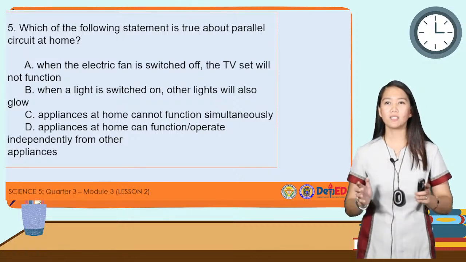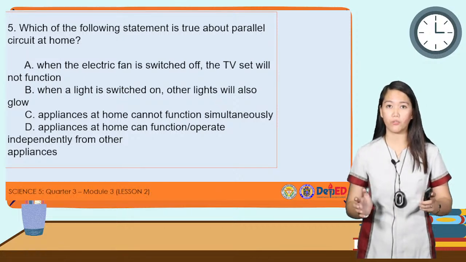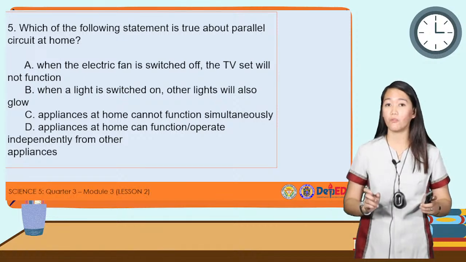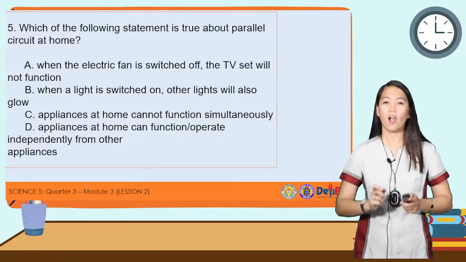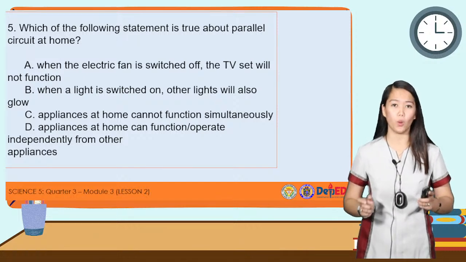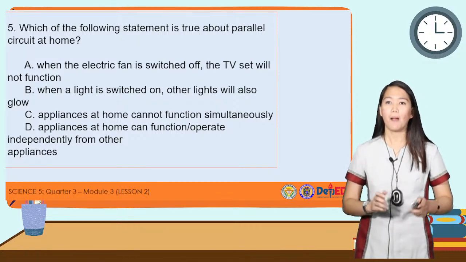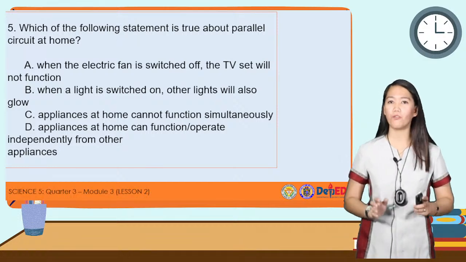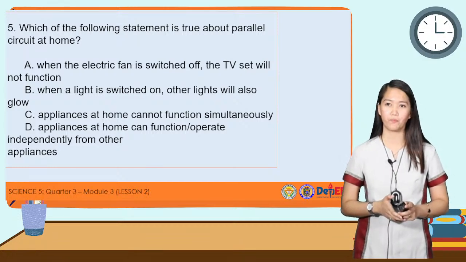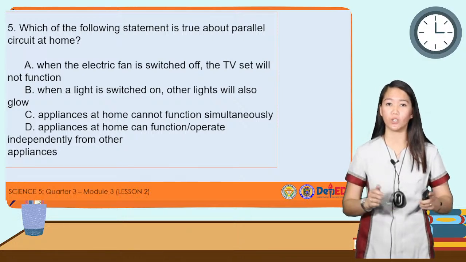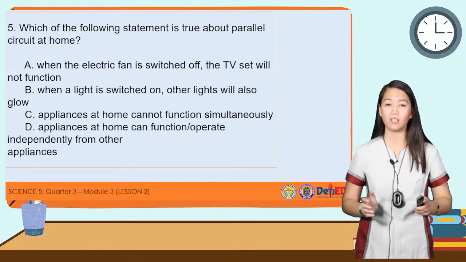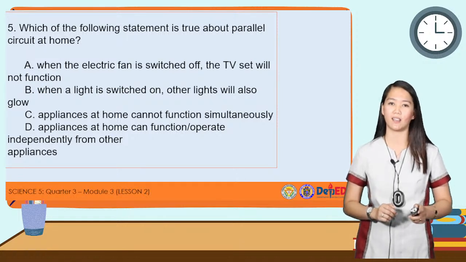A, when the electric fan is switched off, the TV set will not function. B, when a light is switched on, other lights will also glow. Letter C, appliances at home cannot function simultaneously. Or letter D, appliances at home can function or operate independently from the other appliances.